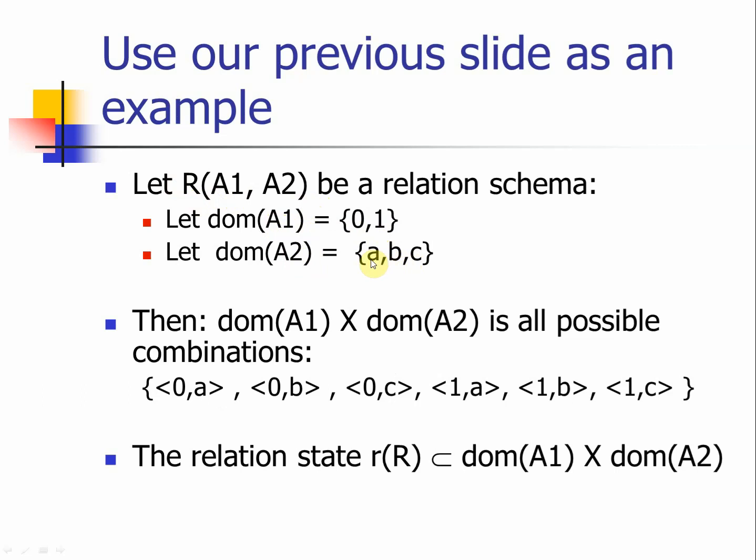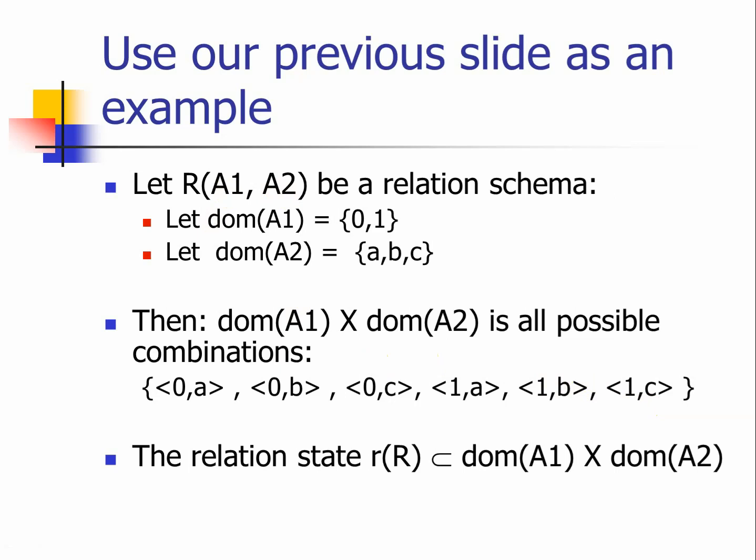By definition, this relation can have at most 6 tuples, because there are only 6 combinations. And of course, the default superkey might be the only superkey that you can find in this example: you need to pick A1 and A2. The combination of A1 and A2 is a default superkey for this table.